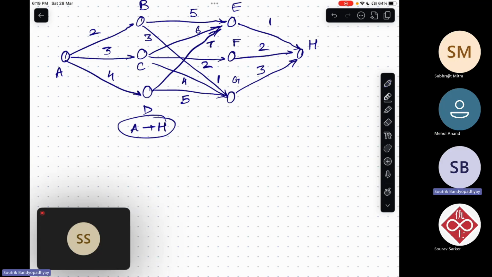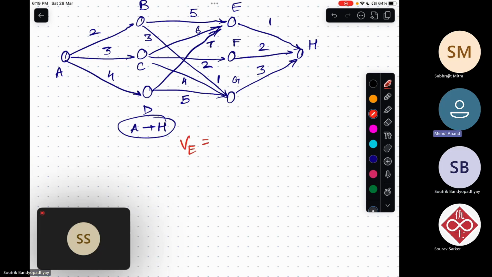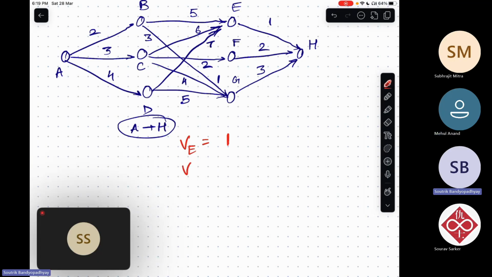So let me change the color for this one. What is the value of E? It is the stage cost plus the value of H, which is assumed to be 0. Because standing from H, what is the cost of going to H? That is 0, right?